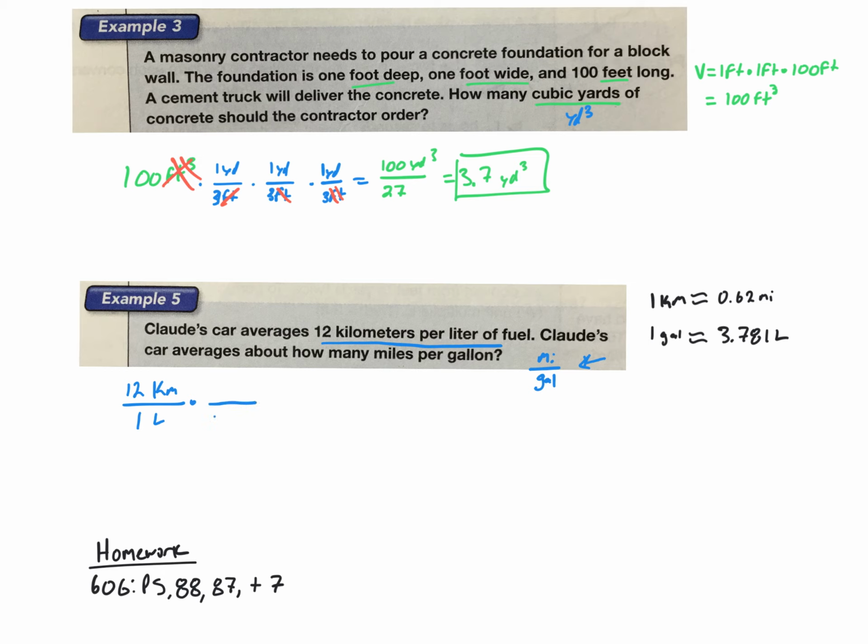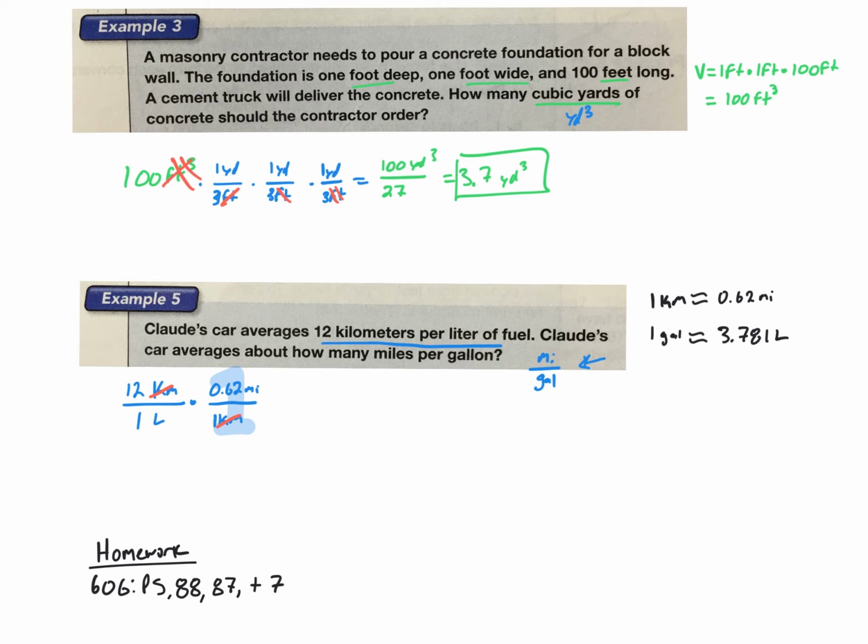I want the 1 kilometer down here on the bottom and the 0.62 miles up on top. Because these two are the same, this is just 1, and because we have kilometers on the top and on the bottom, those reduce with each other, which is what we want.